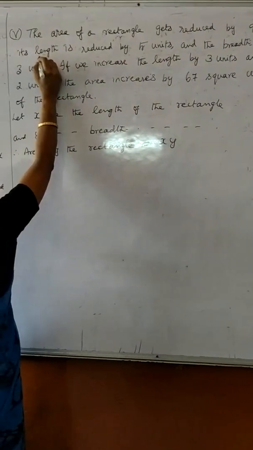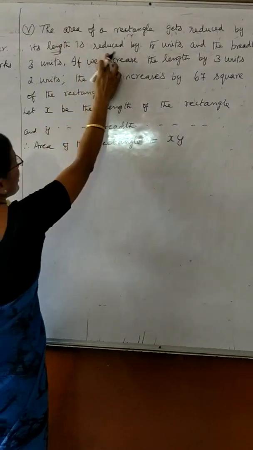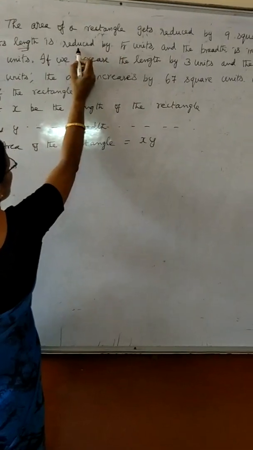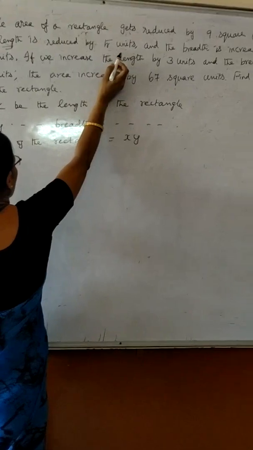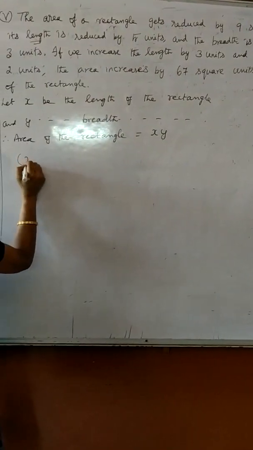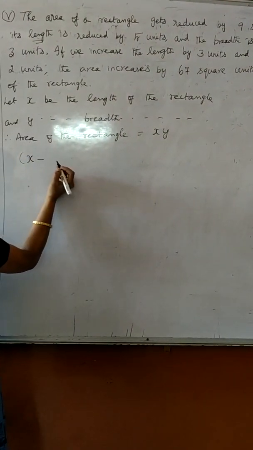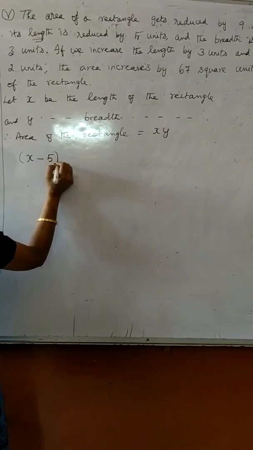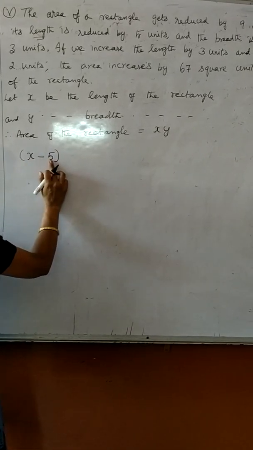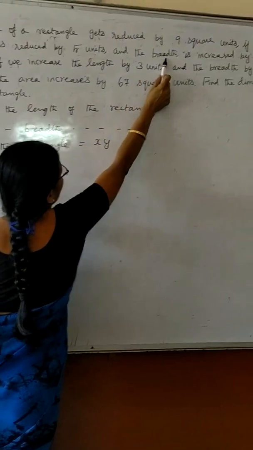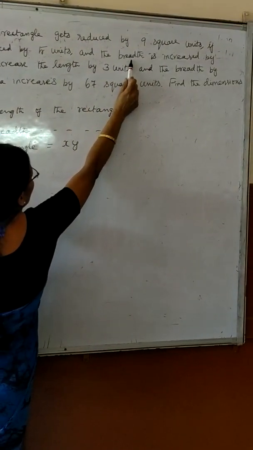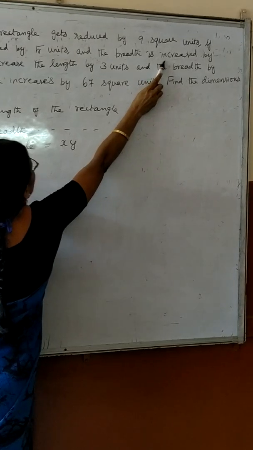Length we have taken as x. x is reduced by 5 units. Reduced, minus. So length is x minus 5. And the breadth is increased. Breadth is y. y is increased, therefore plus. By how much?